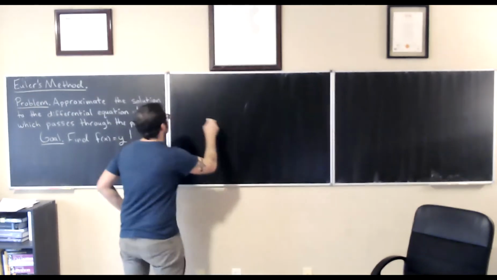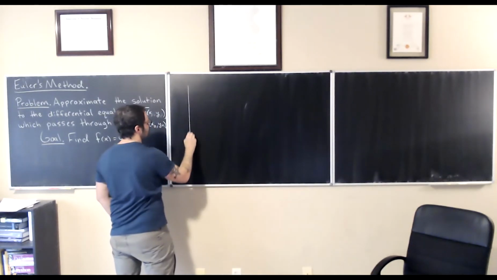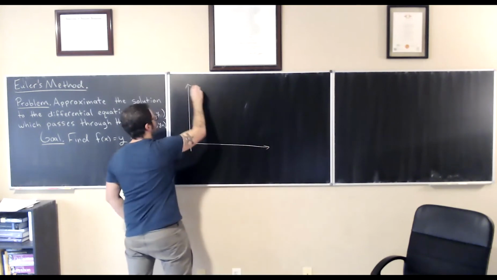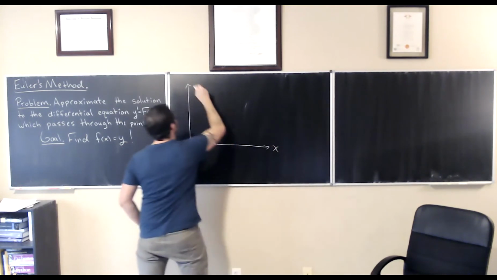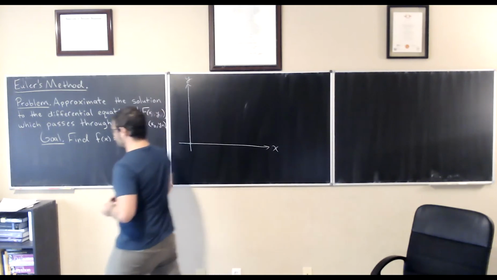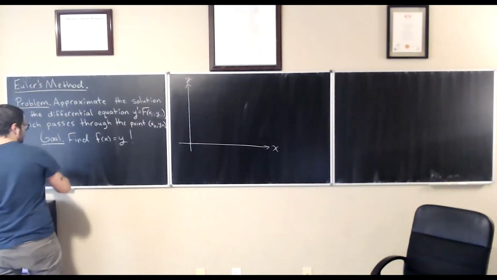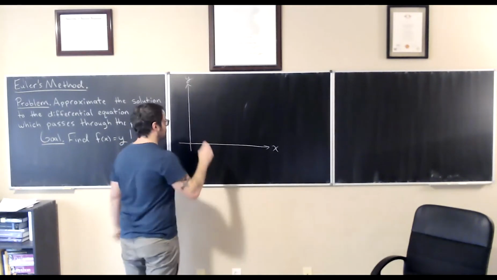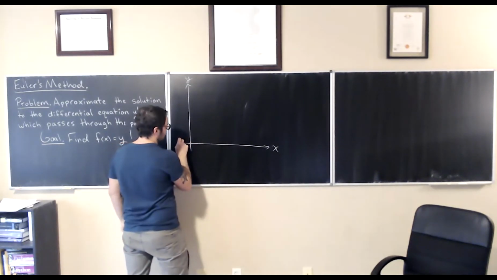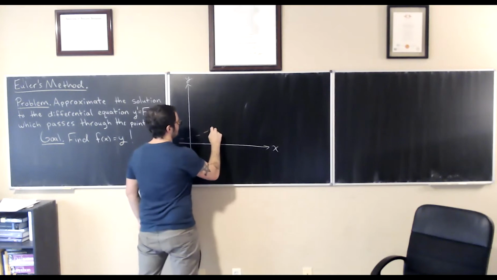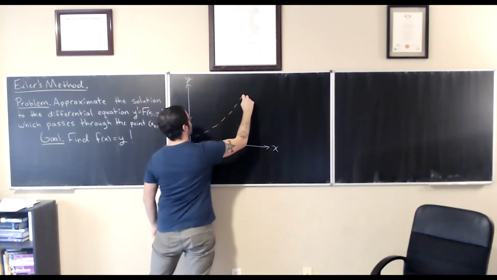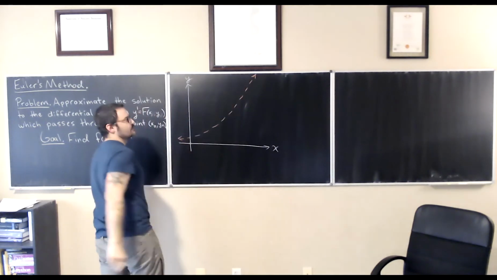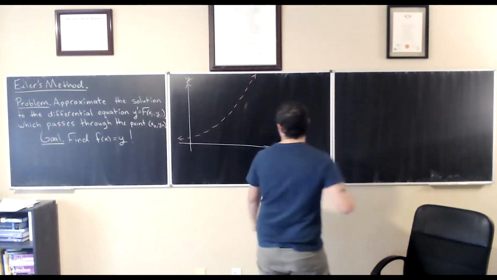So imagine that we have our Cartesian plane here. And then let's go ahead and put in a function. So this will be the exact solution to the differential equation at hand. And we don't know what that function is. That's why I dashed it like that.